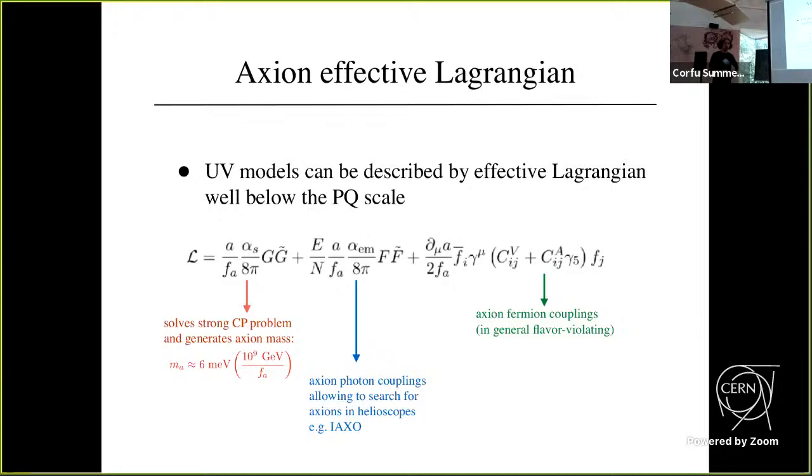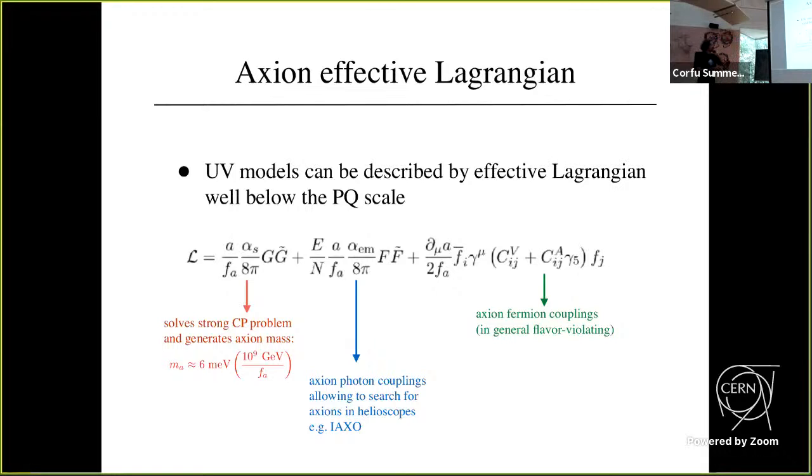The first one, generated by the QCD anomaly, couples the axion to the gluon field strength, and this is crucial for solving the strong CP problem, because this generates the potential for the axion, which allows for relaxing the theta term to 0, and also generates the axion mass, and the prediction for the axion mass in terms of the axion decay constant is this one here. So it's roughly milli-electronvolt scale for f_a equal 10^9 GeV, which is a scale that I will more or less consider in this talk, plus minus one order of magnitude.